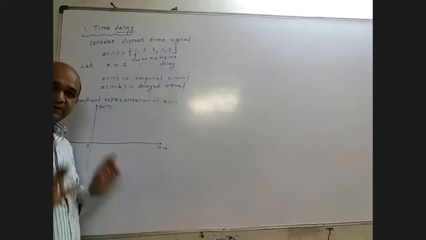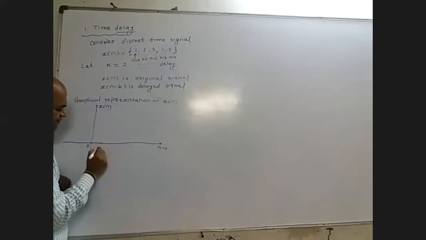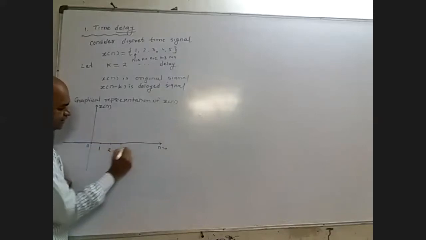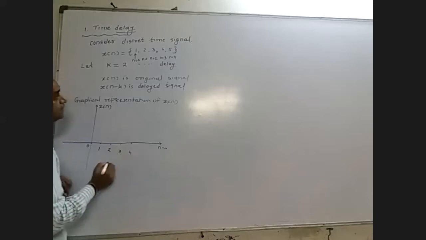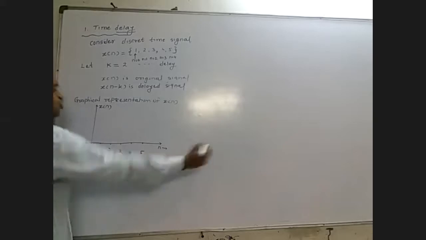Getting my point? Now, I am marking the first point as 0. Here I consider 1. Here I put 2, 3, 4, and lastly 5, and so on.